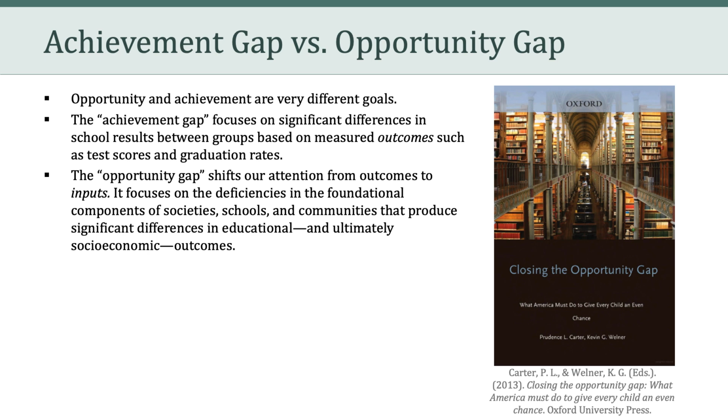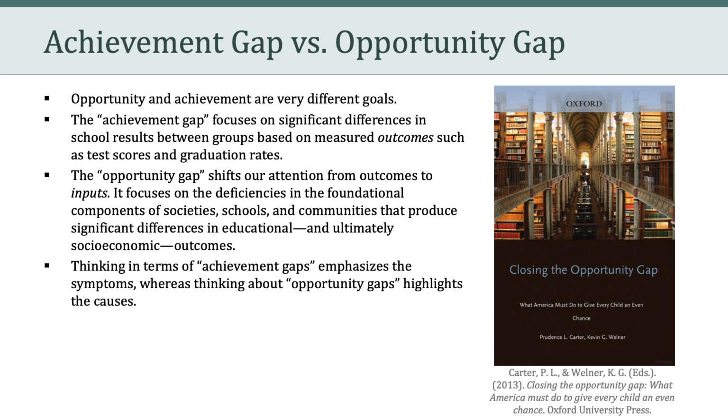In other words, it's not about what comes out of the education system, but what goes into the education system. The opportunity gap focuses on the deficiencies in the foundational components of societies, schools, and communities that produce significant differences in educational and ultimately socioeconomic outcomes.